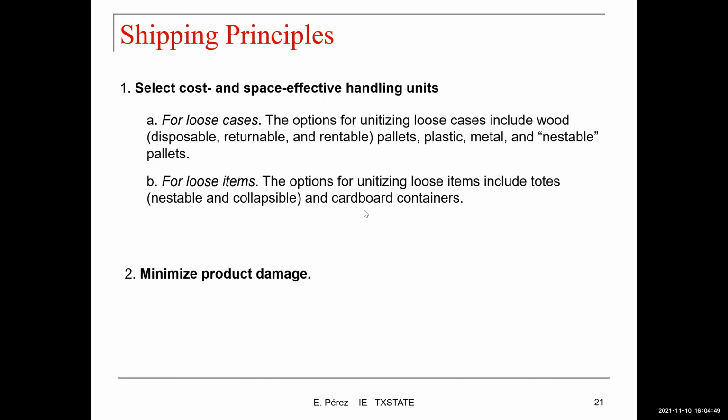Select the cost and space effective handling units. For loose cases, the options for unitizing loose cases include wood, disposable, returnable, and rentable pallets, plastic, metal, and nestable pallets. And for loose items, the options for unitizing loose items include totes and cardboard containers.